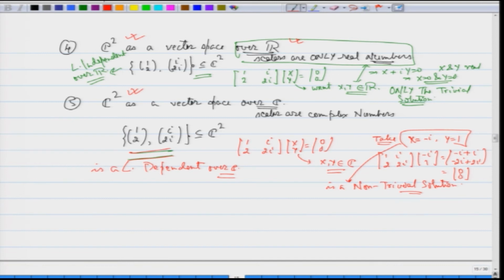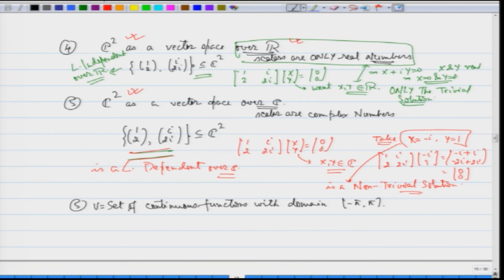Fifth, some more examples. Let us consider these: the set of continuous functions. V is equal to the set of continuous functions with domain, say, minus pi to pi.